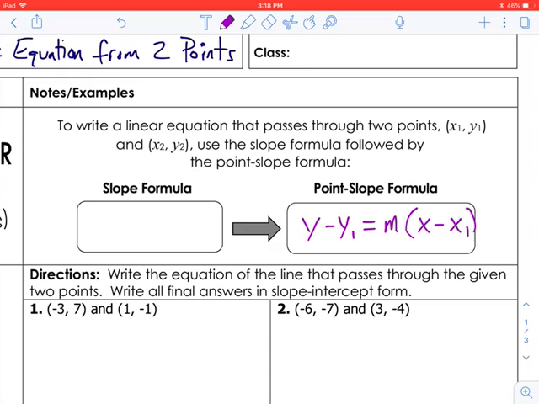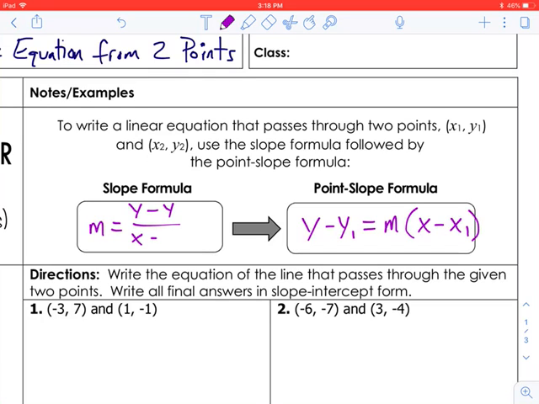That's the same formula we dealt with yesterday, for 5.3. With that, I need to find m, because we're not going to be given m, so the m is going to be found by finding the slope.